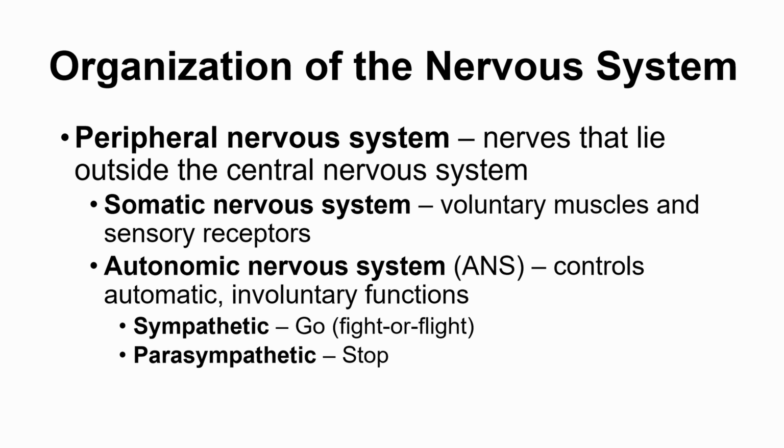That's where we have our fight or flight responses. So when we are autonomically aroused, this would be sort of a speed up, an increase in heart rate, an increase in metabolism, an increase in breathing rate. All of those things are related to the sympathetic nervous system. And then parasympathetic is the opposite. So that's our stop system.